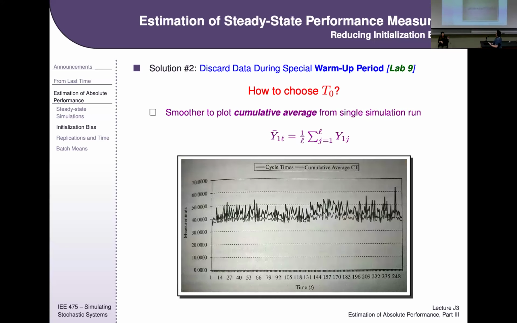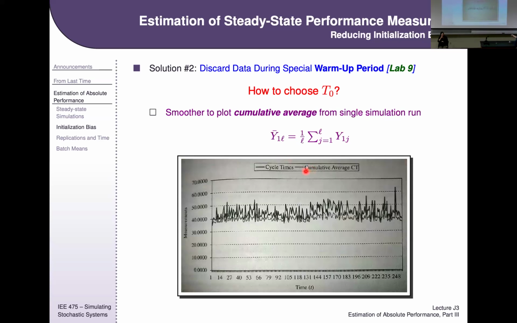So I can do things with that. Like I can do a cumulative average. And so the idea here is, what if I average up everything from a certain time period back? So this is what the textbook does. And the dark and more variable line, that's the actual replication out of the sim.